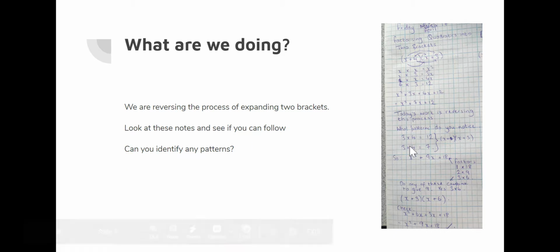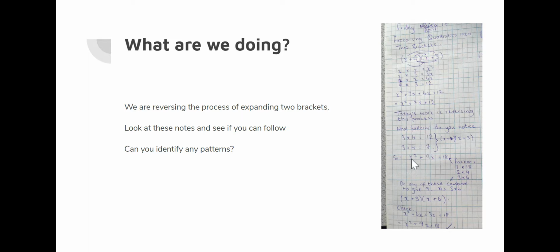Can you spot how x plus 4 and x plus 3 become x squared plus 7x plus 12, and how you could get back to the initial point? Do you spot that 3 and 4 multiplied give you 12, and 3 and 4 added give you 7?